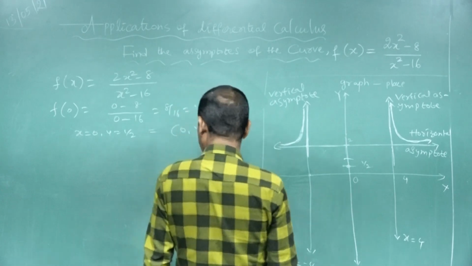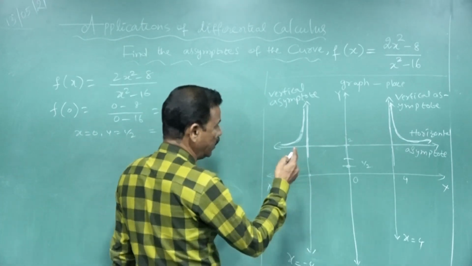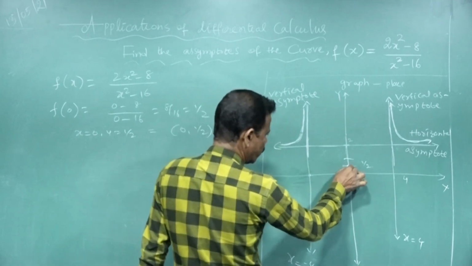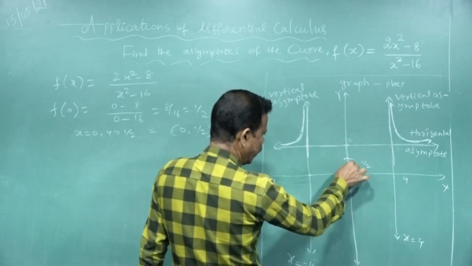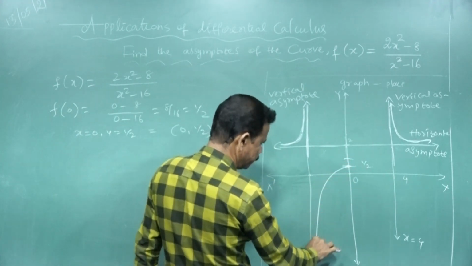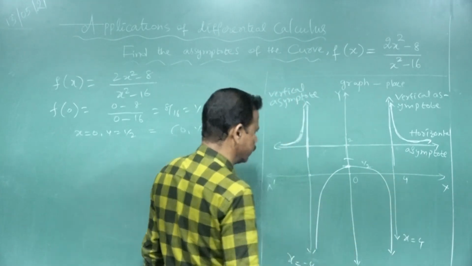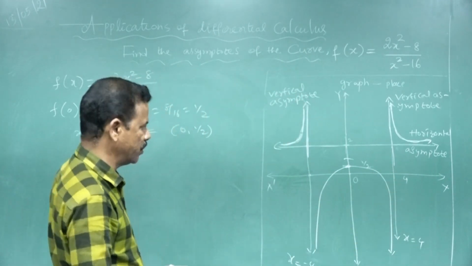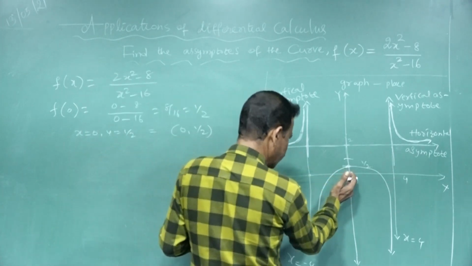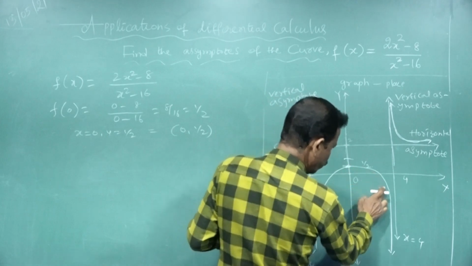Another branch also for this. How does the function pass through the origin? At 0 minus, if you check, this type of curve comes. At 0 plus, this type of branch comes. With 0 plus, on this side, the value goes decreasing.